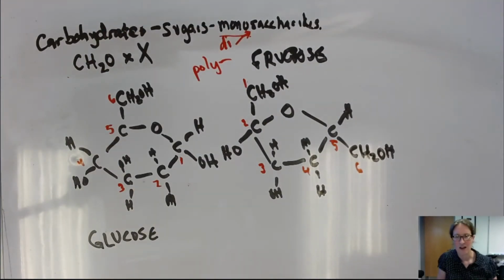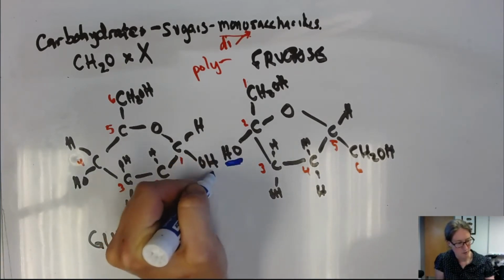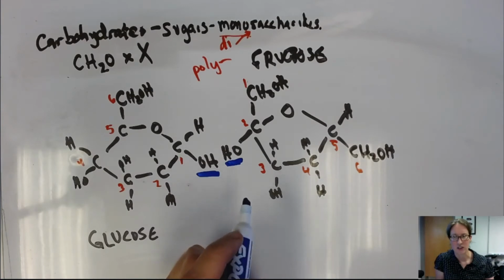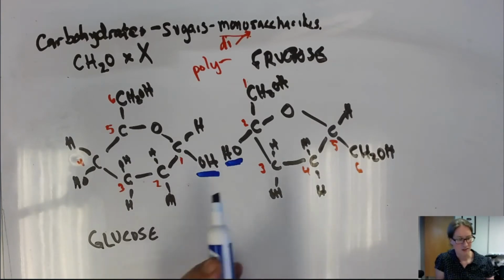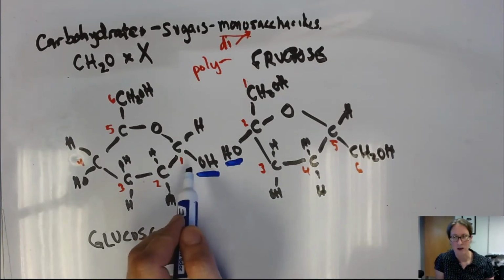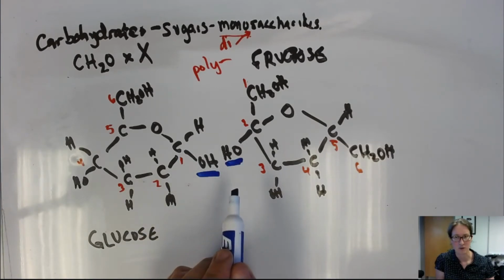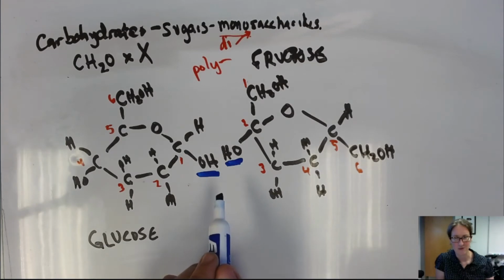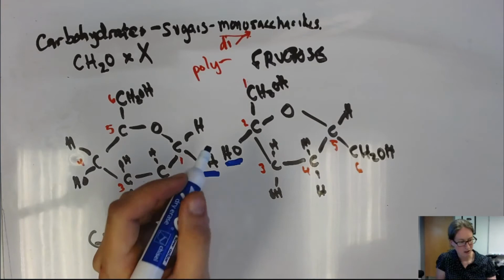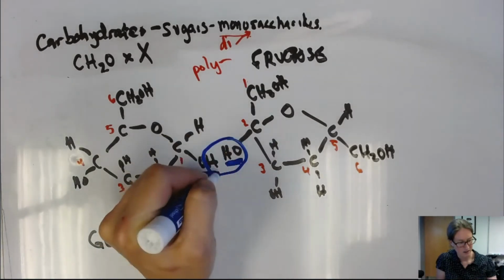Anyway, so for making a disaccharide, the way that these combine is these 2 hydroxyl groups are going to interact with each other. And so it's the hydroxyl groups hanging off of carbon number 1 and carbon number 2 on fructose. And so under the right circumstances, with a little bit of help from some friends, these 2 hydroxyls get combined and a molecule of water gets released.